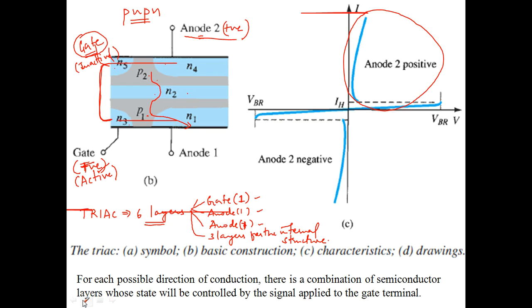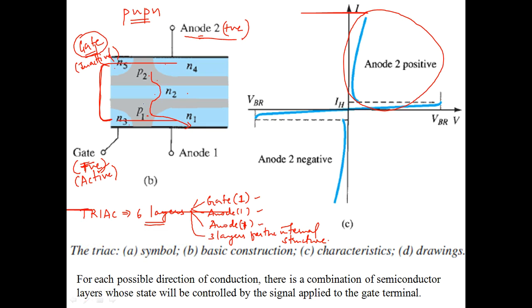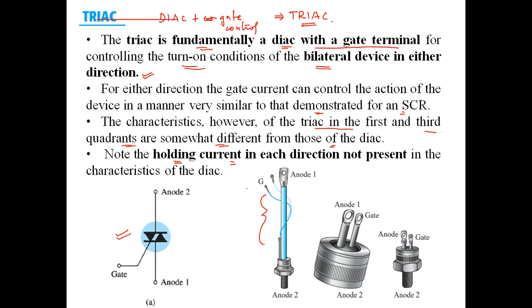Similarly, if anode 2 is made negative, then the current will flow in this direction, PNPN, and then out of the device. As simple as that. So that was the working principle of a triac.